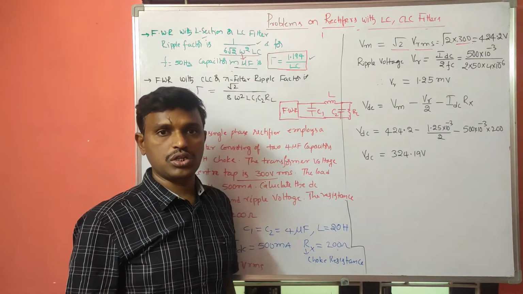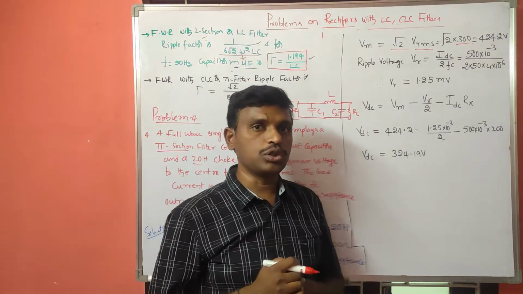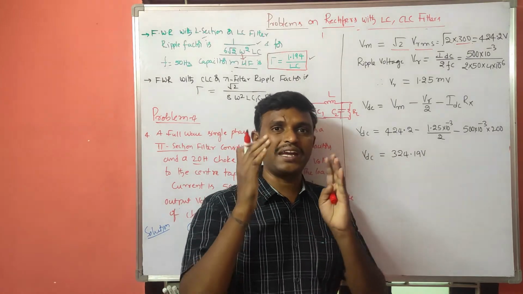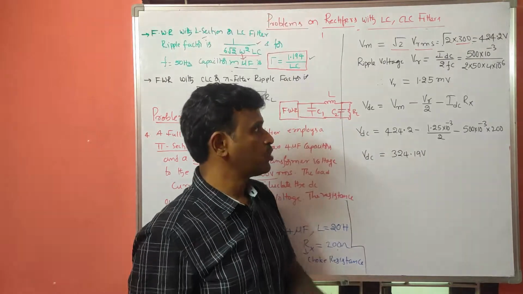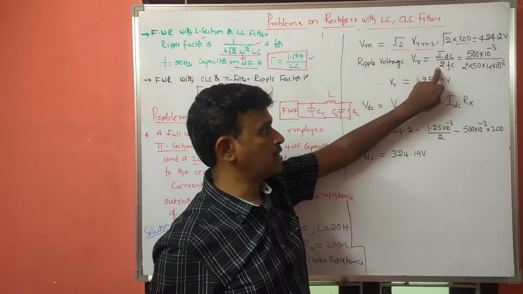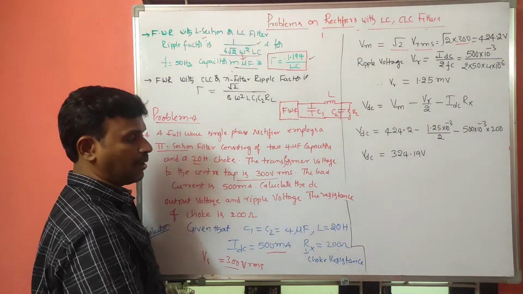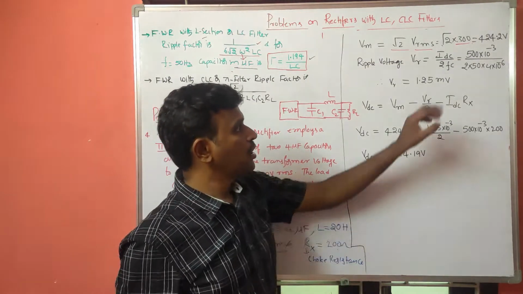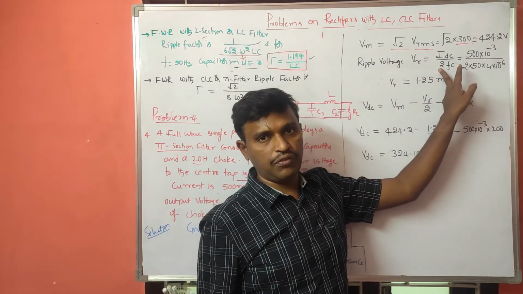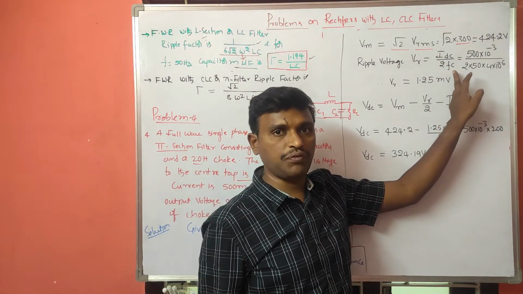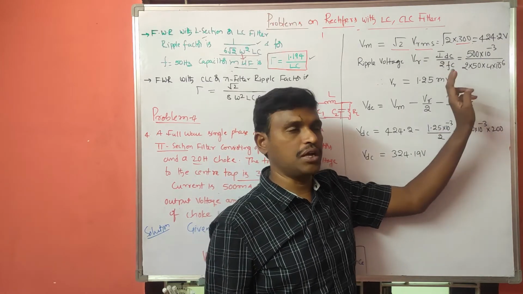Now we have to calculate the ripple voltage. We know that ripple voltage is equal to IDC by 2FC. IDC is given as 500 milliamperes, and I told you that whenever the frequency is not given, we assume the frequency f is equal to 50 Hz.